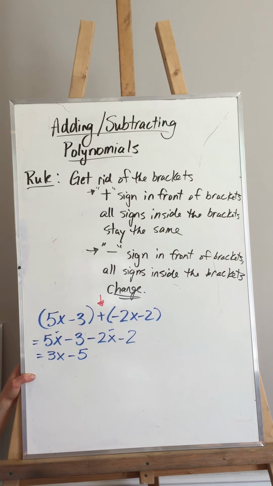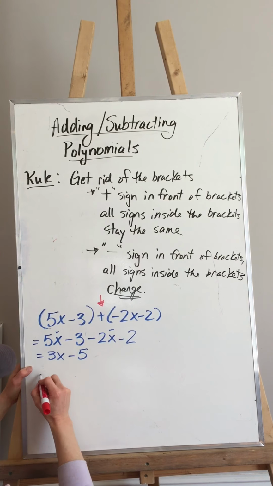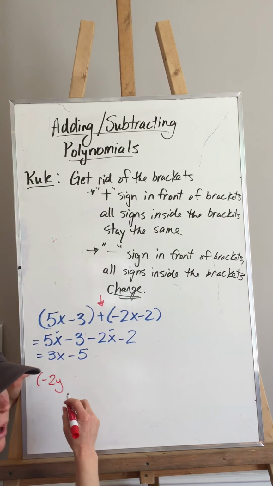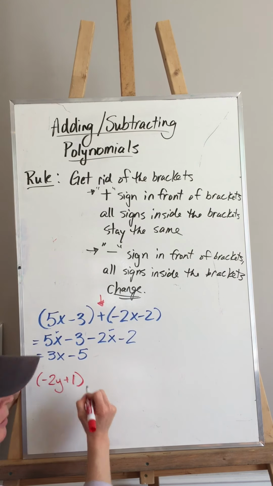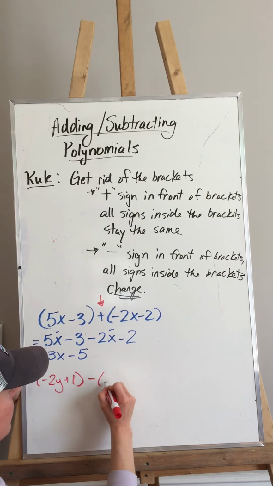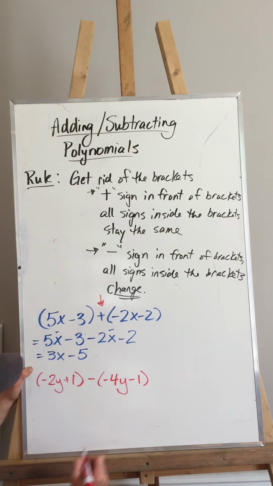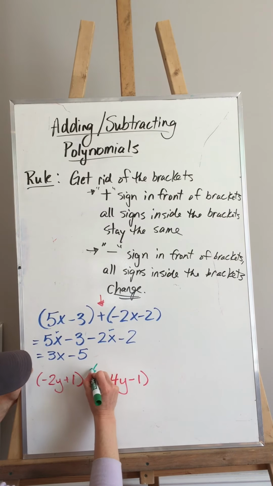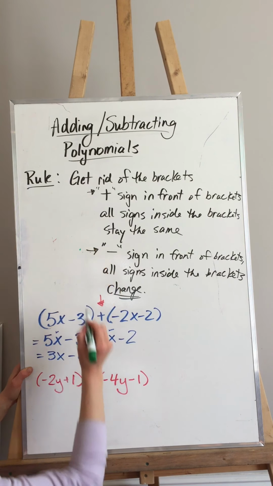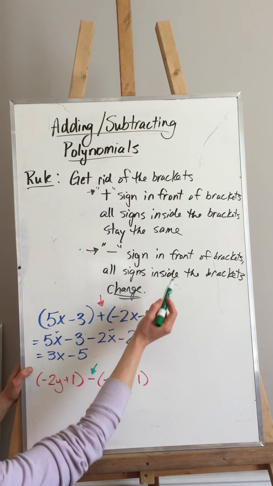Okay? Another example is negative 2y plus 1 minus negative 4y minus 1. Okay, so now here's our sign in front of the brackets. We're in this scenario where we have a minus sign in front of the brackets.